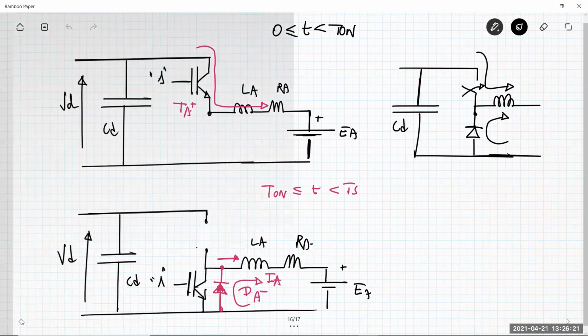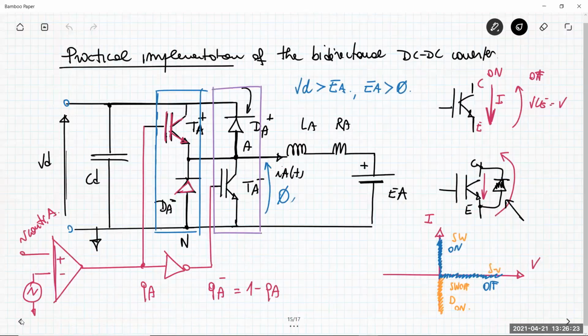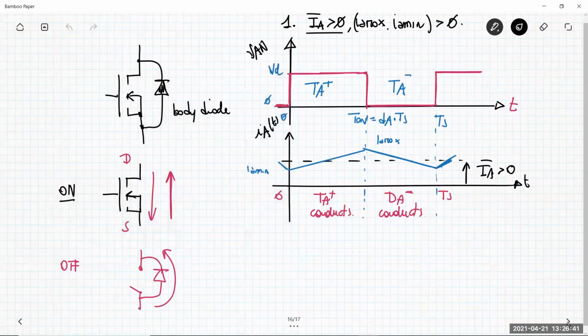Okay, so these 2 components in the blue box are exactly the devices that you can employ for building a buck DC-DC converter. Okay, and this is also the reason why, in this situation, in which you have average voltage VIN positive and average current positive, so it is an operation in the first quadrant, this is called motoring mode, but also buck operation mode.